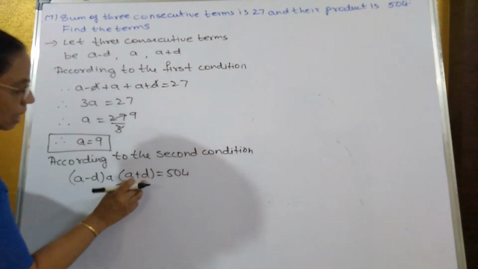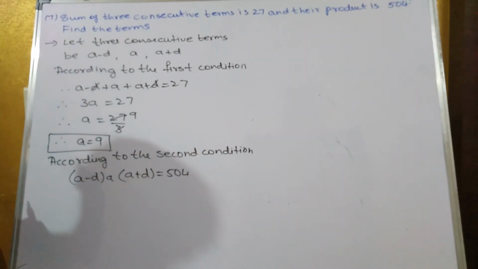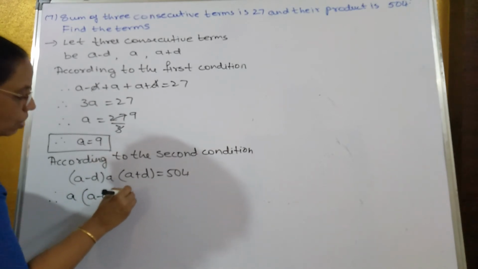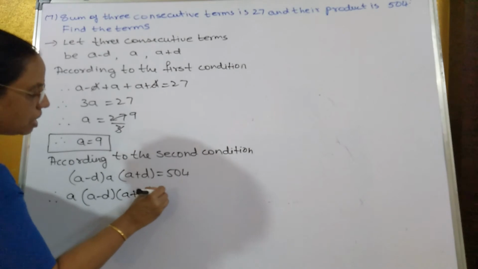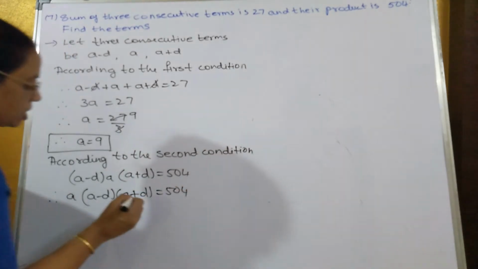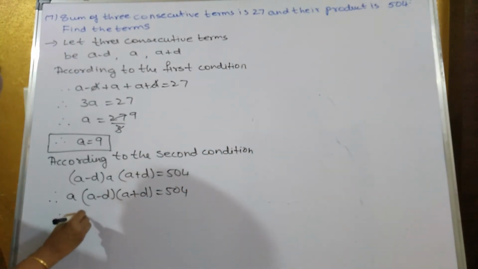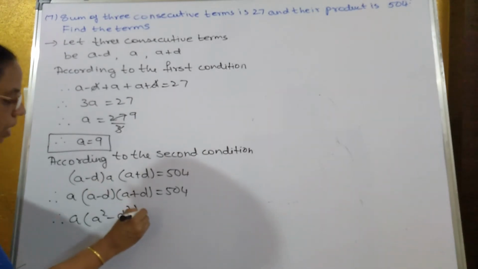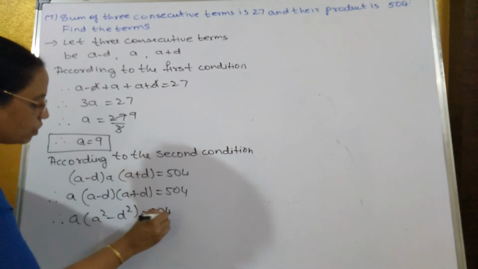So you have to multiply. What is the meaning of product? You have to multiply all the three and the answer should be 504. Now keep this A over here and take A minus D and A plus D together. Now what is A minus D and A plus D? A minus D and A plus D is A square minus D square. So A into A square minus D square is equal to 504, which you have studied in identity.